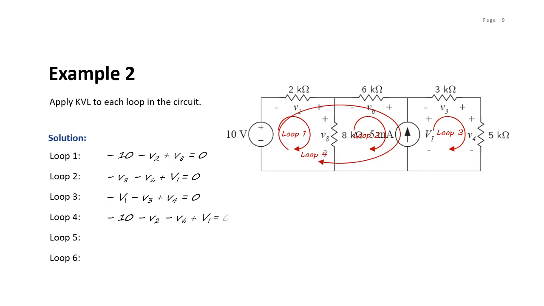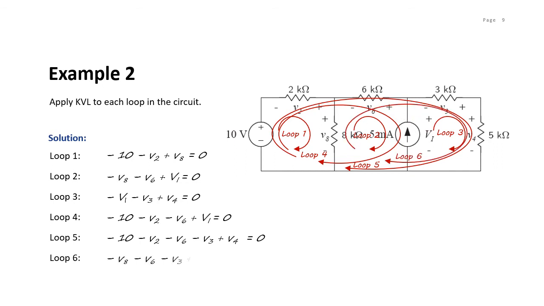So minus 10 minus V2 minus V6 plus V1 equals 0. And then we have loop 5. It is the whole loop, the whole circuit altogether: minus 10 minus V2 minus V6 minus V3 plus V4. Okay, so we have another loop that hasn't been taken care of, which is minus V8 minus V6 minus V3 plus V4. So I hope you are clear about the loops and KVL.